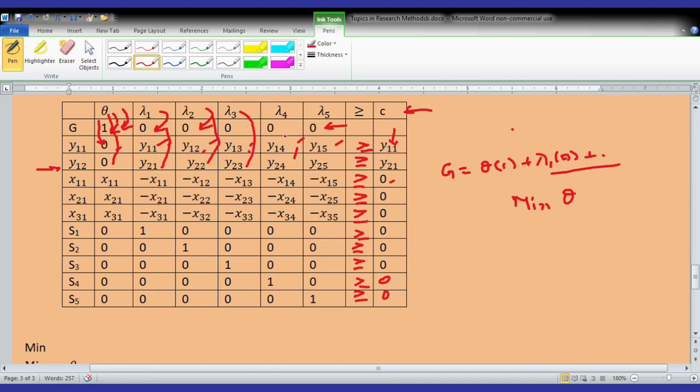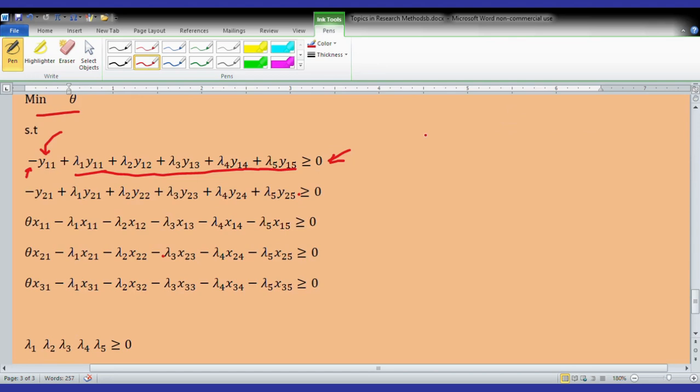On the right hand side we have y21, we take this to the left hand side, and it becomes minus y21. So we have this second equation written here: minus y21 plus lambda 1 y21 plus lambda 2 y22 up till lambda 5 y25 greater than or equal to 0.